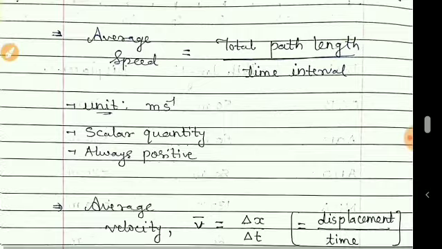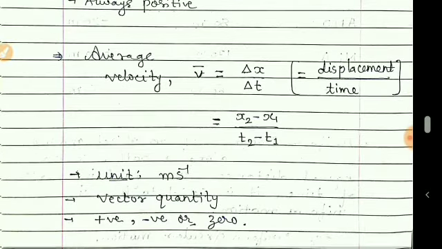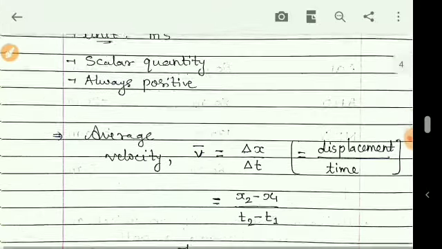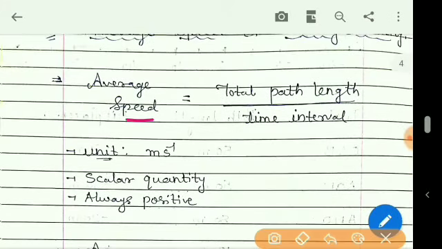And so when we consider the entire path along which the particle or a vehicle moves, it is considered to be average speed or average velocity. So students, always remember that when there is velocity, direction is involved, and if it is speed, then the direction is not involved.